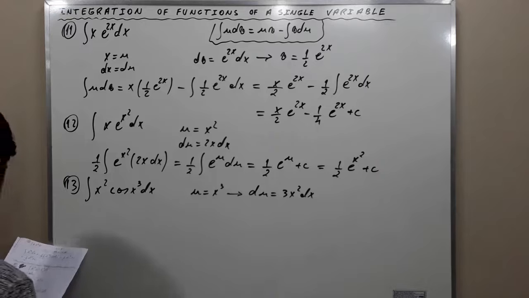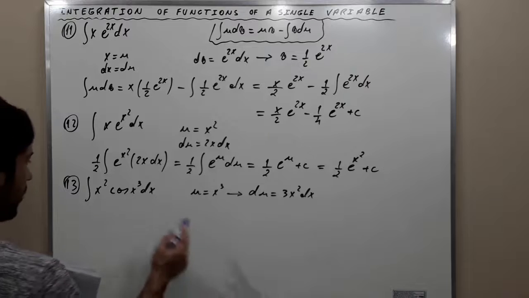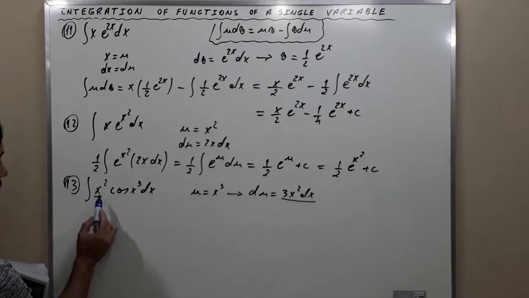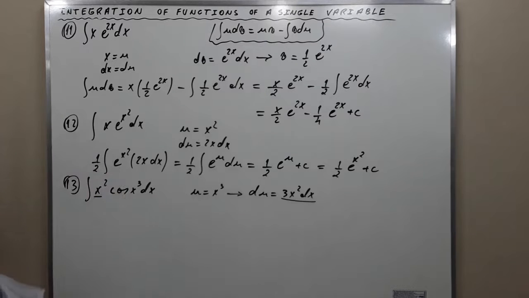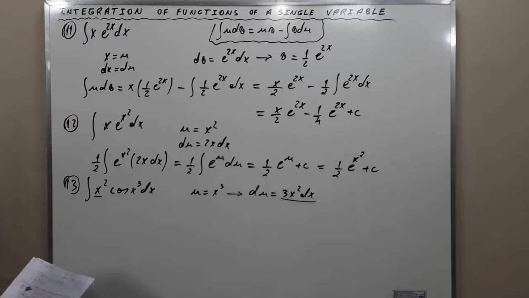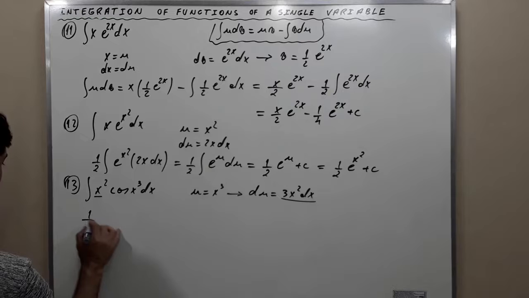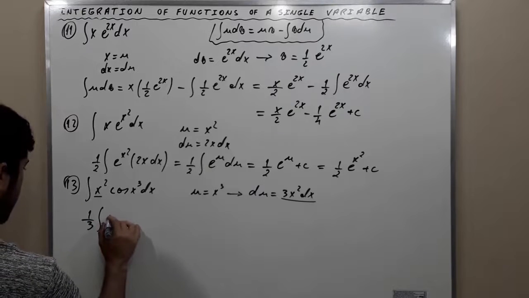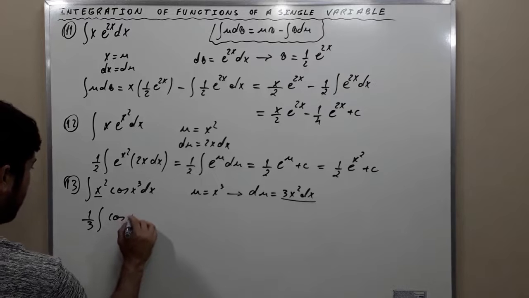Because we have this x squared here, we don't need to use that technique. We know that the derivative of x cubed produces an x squared. All we need to do is divide by a third, for the cosine of u.